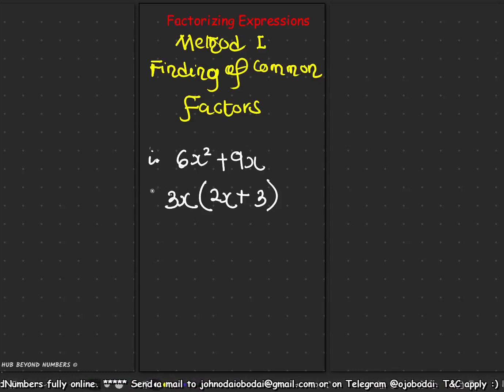If you are also to multiply 3x by 3, you have to get this over here. So in simple terms, this is how the method works. Look at the two terms involved, or if there are more than two terms, look at those terms that are involved and factorize out or bring out whatever is common to all of them. Then you replace the original terms with expressions or terms that will multiply what we have out here to give us this.